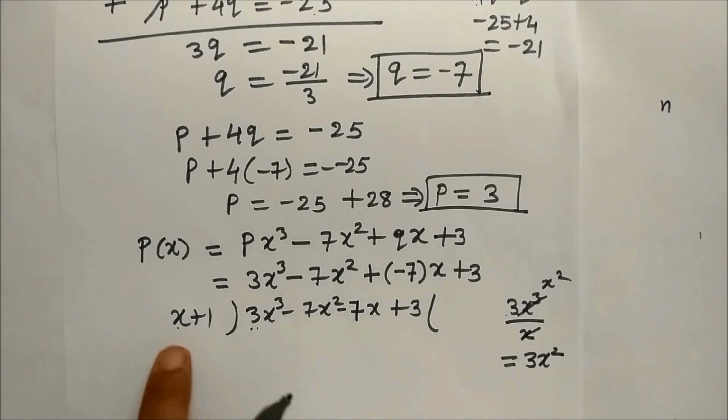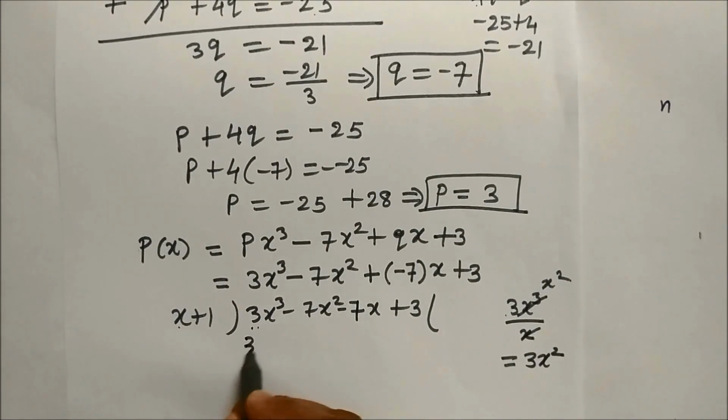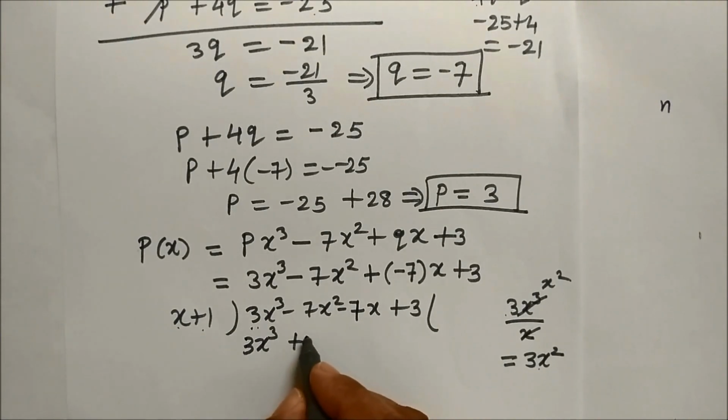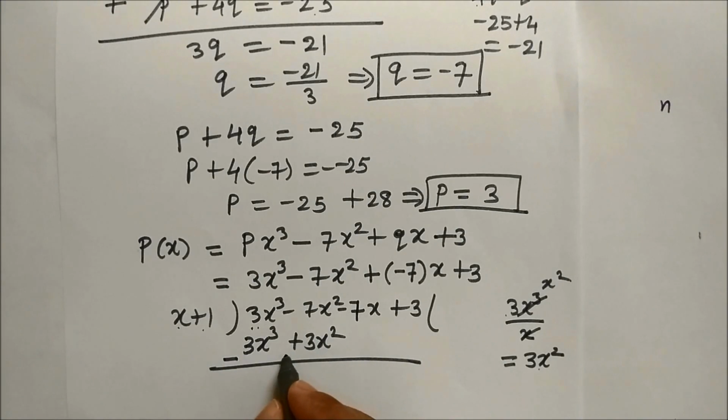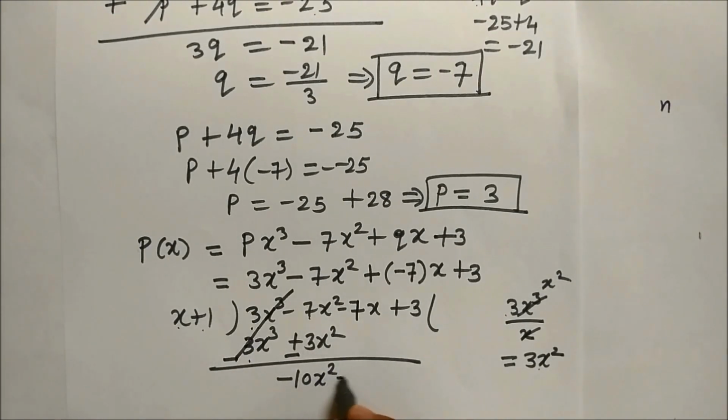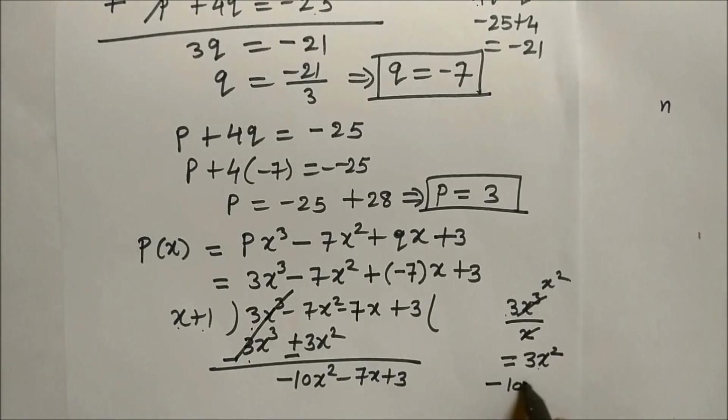When we multiply 3x square in x, we will get 3x cube. 3x square in 1, we will get 3x square. Again, we will write here minus sign. We have to subtract. This is plus, this one is negative. We can cancel it. Minus 7 minus 3, it becomes minus 10x square. Minus 7x plus 3.